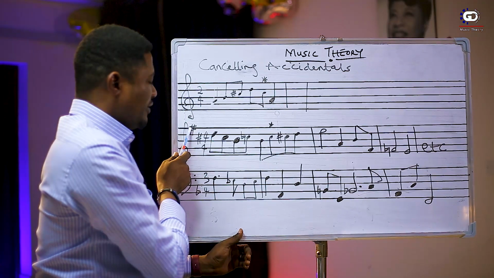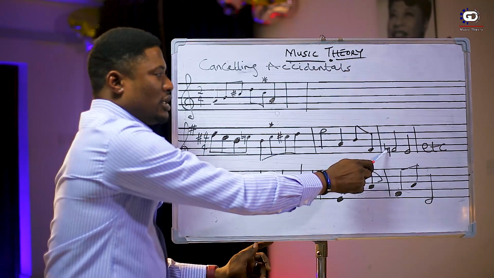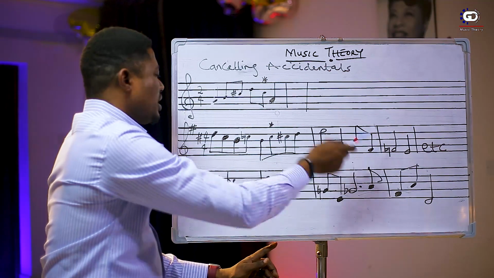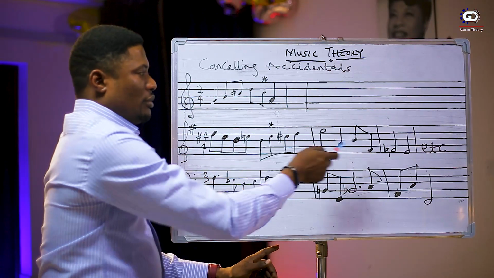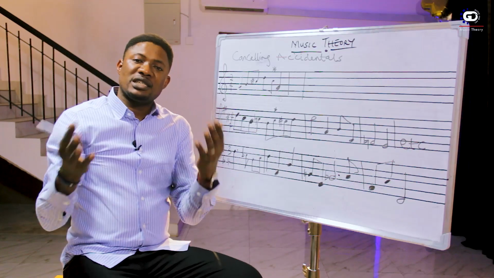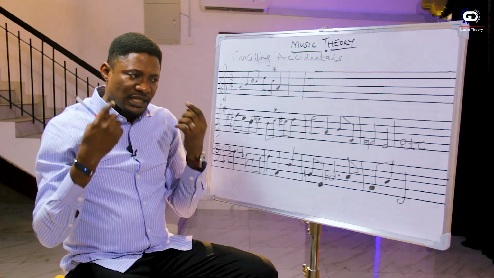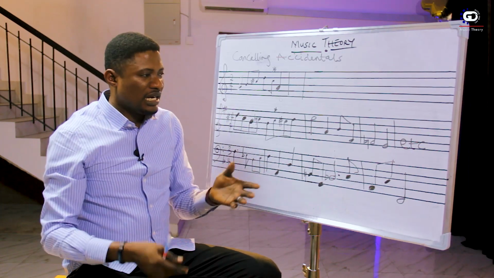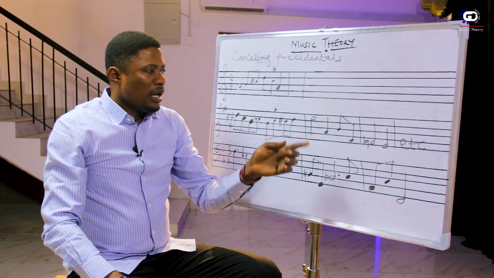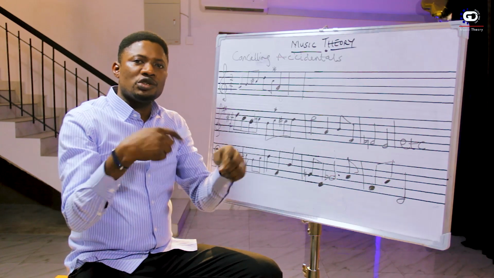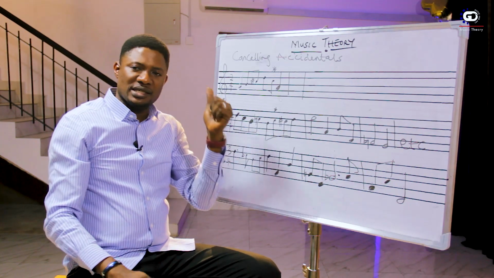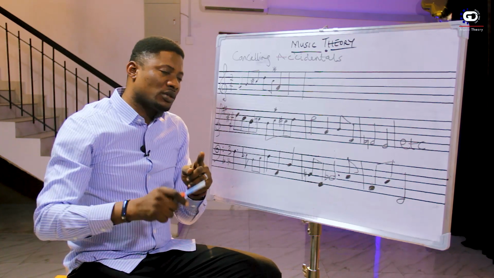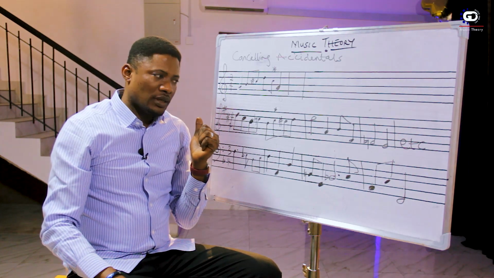Here it was F sharp, but at this point, they use this natural to cancel the sharp, because sometimes these things are not just used. There's a sound the composer wants to hear in their ears, and that's what leads to that. Notwithstanding, you need to know what is used to cancel what. So when you have an existing sharp, you will use natural to cancel that sharp, right?